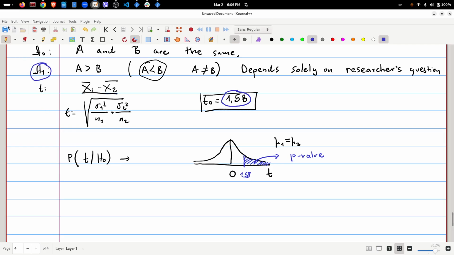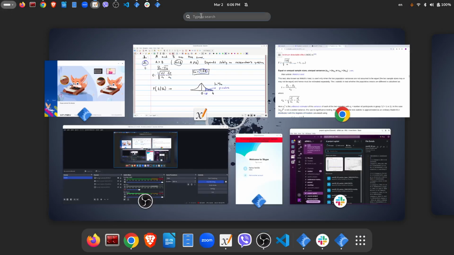Okay, we can go to R and also check it there. So I go to RStudio.